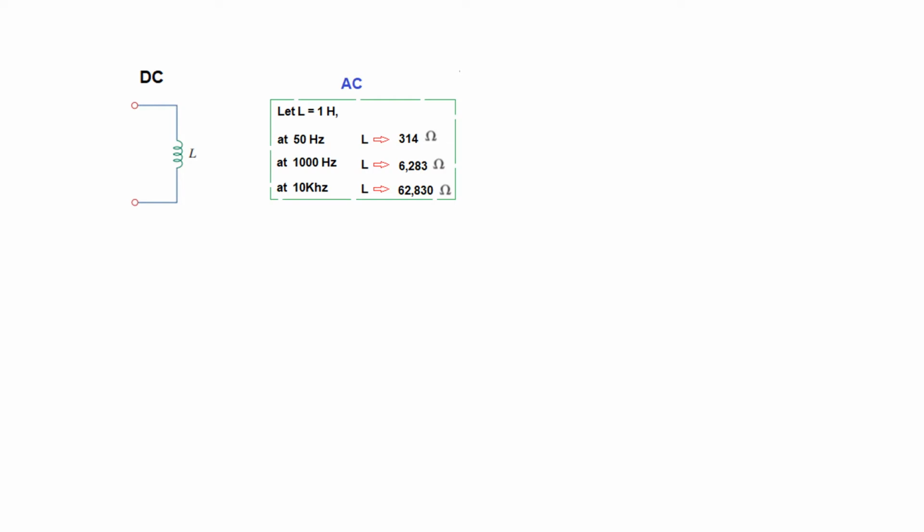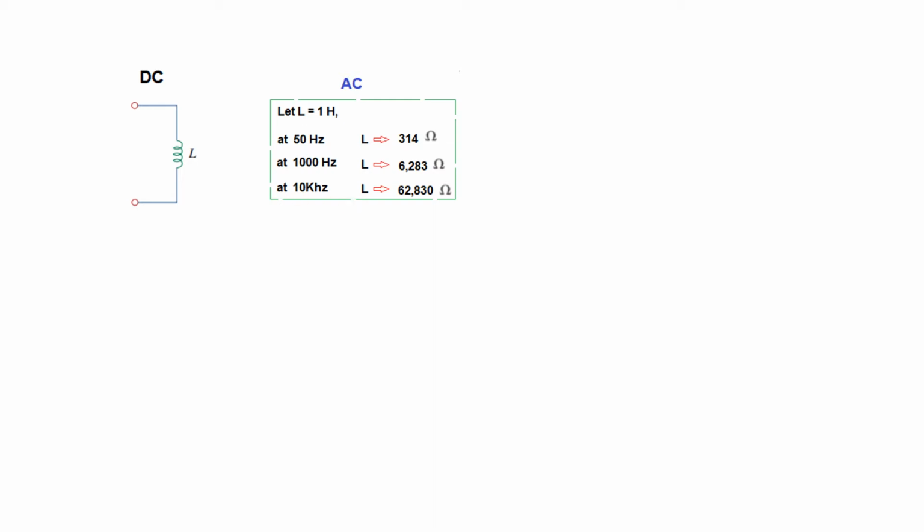Now here if you see, if the inductor is of 1 Henry, then at 50 Hertz frequency, this inductor will present a resistance of 314 ohm. And if the frequency is changed to 1000 Hertz, the same inductor will now present a resistive value of 6283.